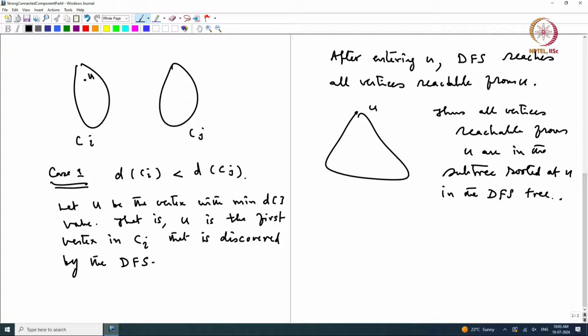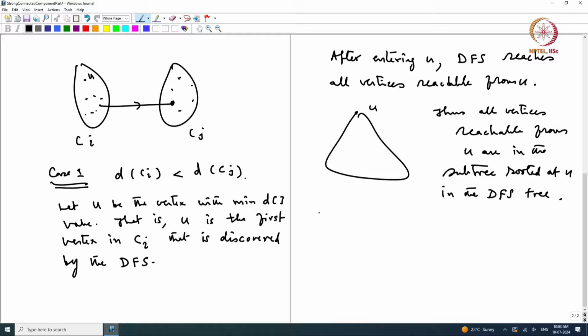It will be like this. Notice that Ci is a strongly connected component. That means all vertices here are reachable from u. There is an edge from Ci to Cj, some edge. So, through that edge it can reach vertices in Cj. Cj vertices form a strongly connected component. So, any vertex here is reachable from this vertex.